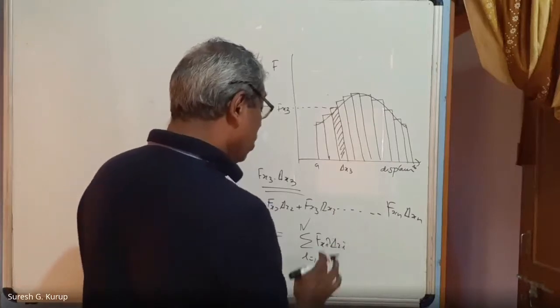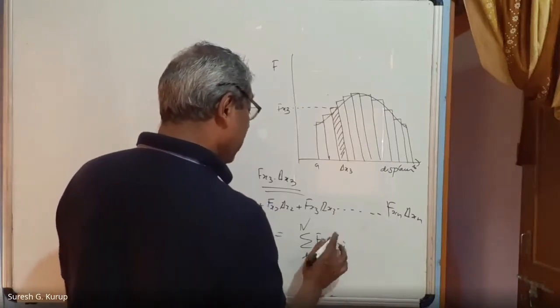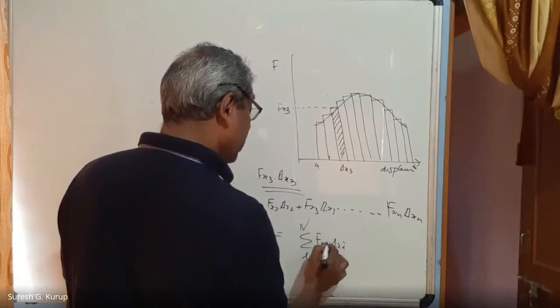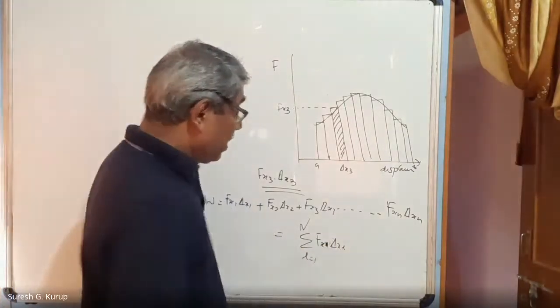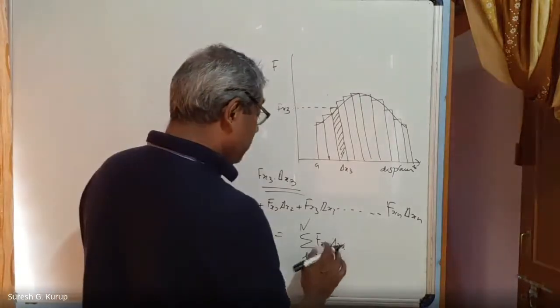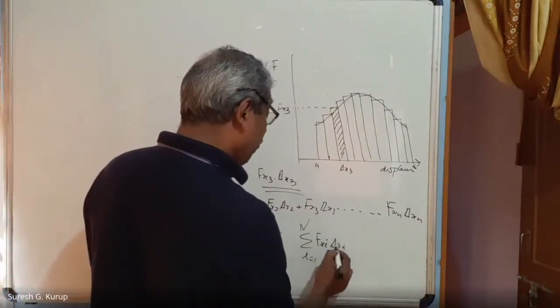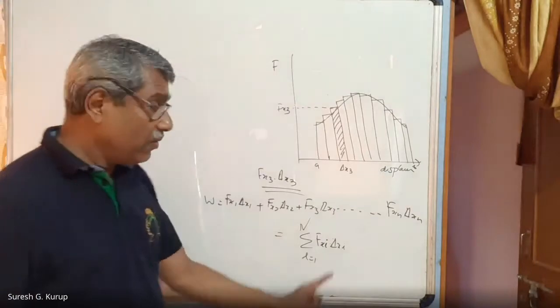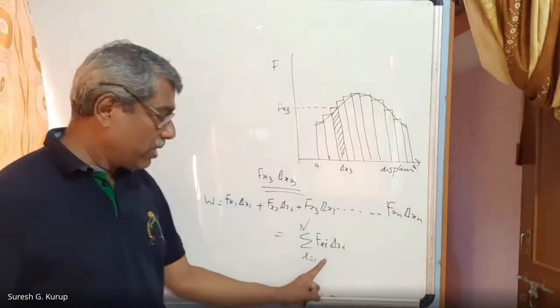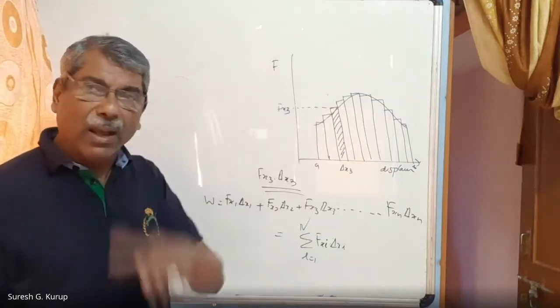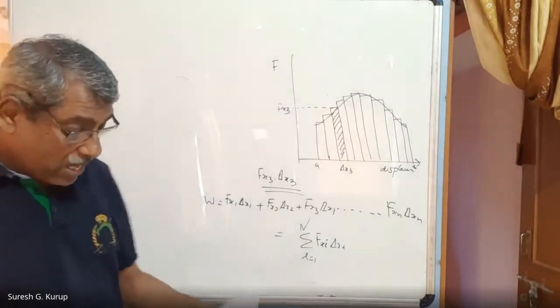Right? This i is not a vector, it is simply an index that changes from 1 to n. What is the meaning of this? This plus this plus this plus this is notated like this. Am I correct? Okay.